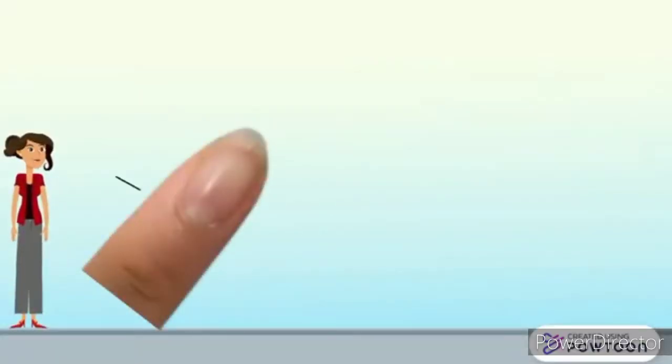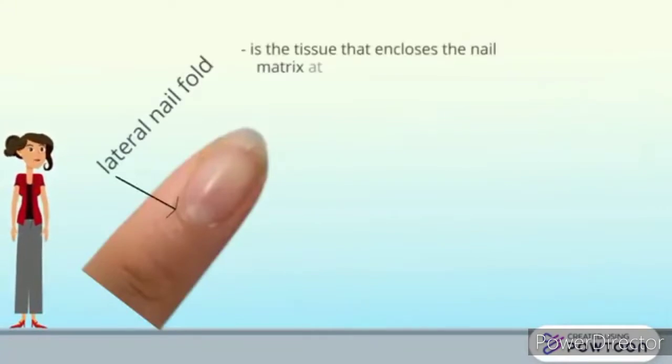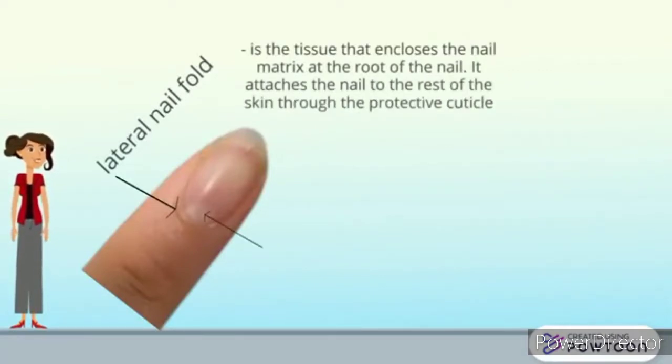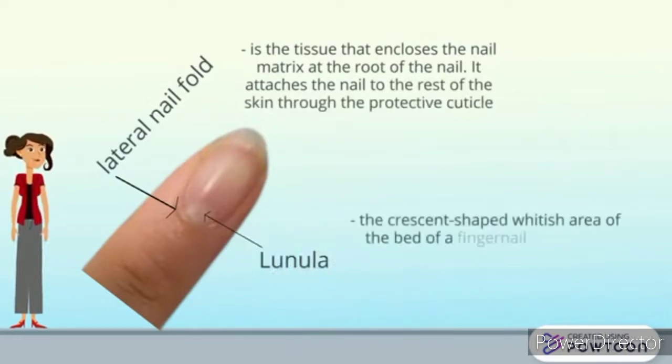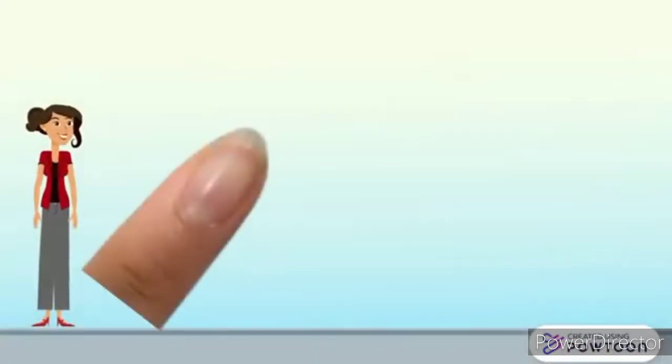Next is lateral nail fold. It is the tissue that encloses the nail matrix at the root of the nail. Another is lunula. It is the crescent-shaped whitish area of the bed of a fingernail or toenail. Next is cuticle, the overlapping epidermis around the nail.